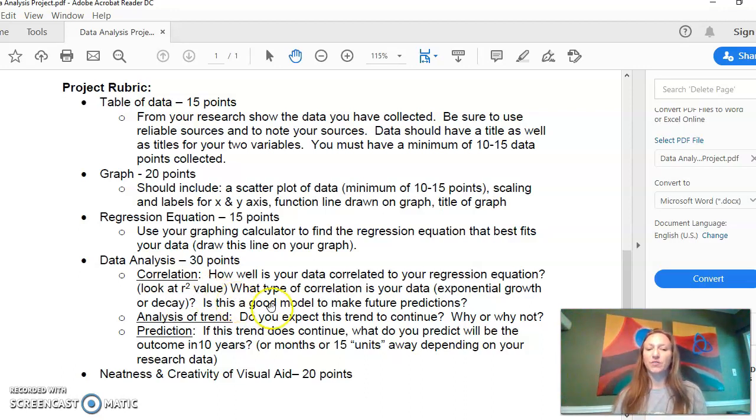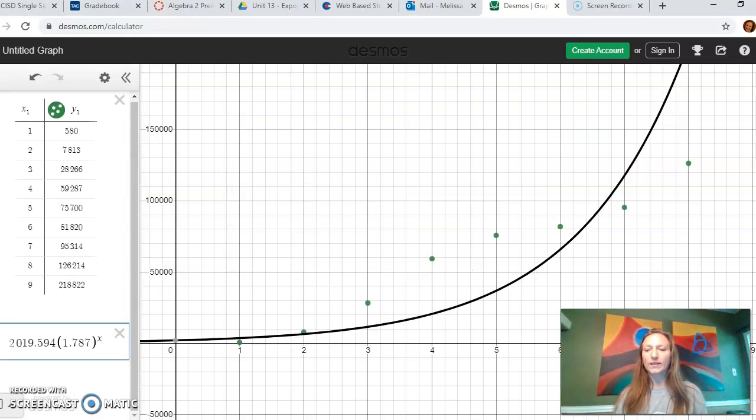So you're going to say whether this is a good model to make future predictions. Then you're going to say, do you expect this to continue? Well, if we look at our data here, we see that we had a much steeper rise here, tapered off a little bit, and then it grew.